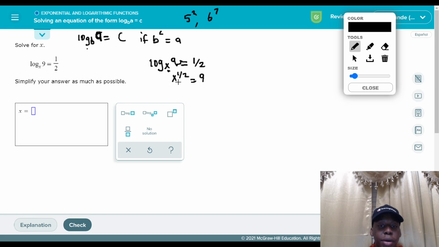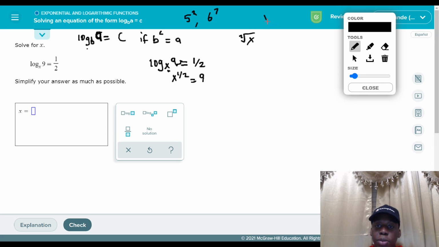In this kind of case, we're going to have to square both sides, because right now we're dealing with exponents. What 1 over 2 means is the square root of x. This is basically the square root of x.